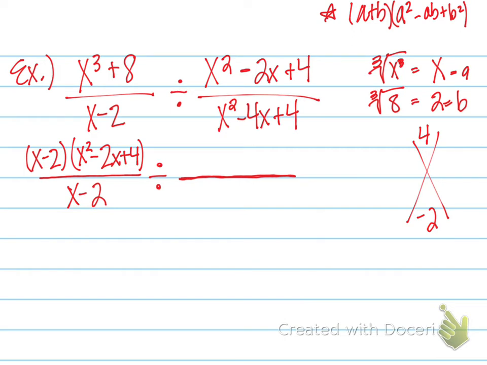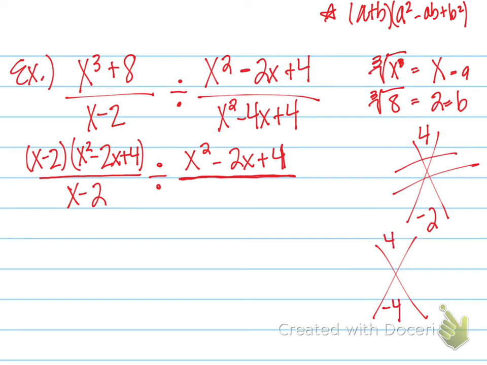So that does not work. This right here cannot be simplified. It cannot be factored. So let's do the denominator of the second fraction. We have a negative 4 and a positive 4, and that will be a negative 2 and a negative 2. So we've done the first step.